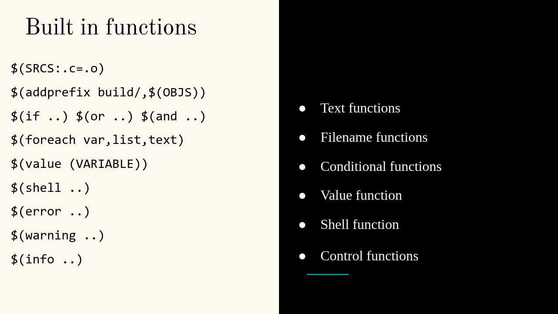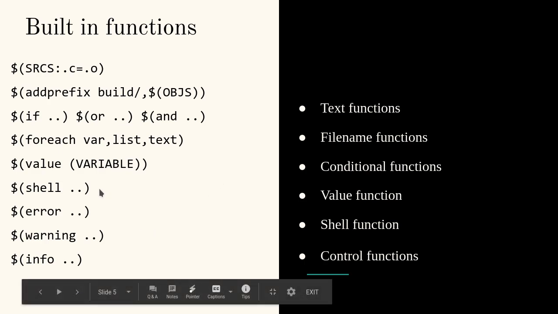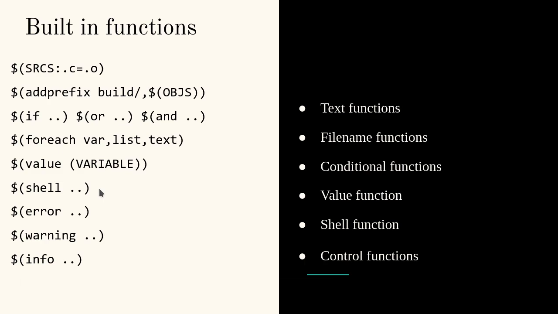Otherwise, if you just did echo variable, it would do expansion on all of the references included in that. And then we've seen the shell function. It literally just spawns a shell, runs the command, and returns the output.